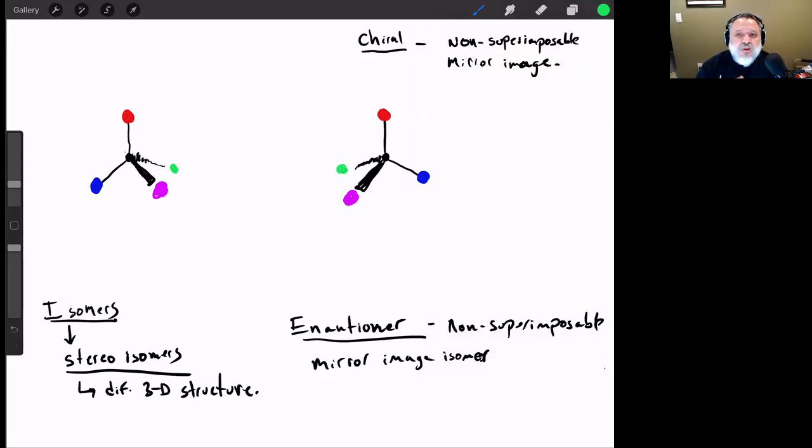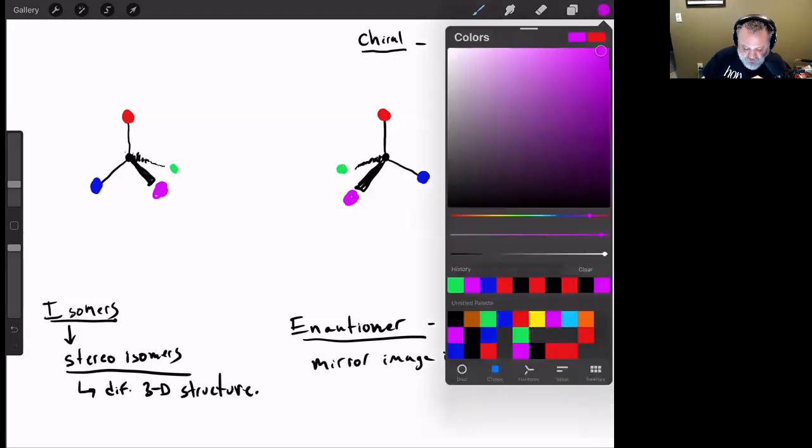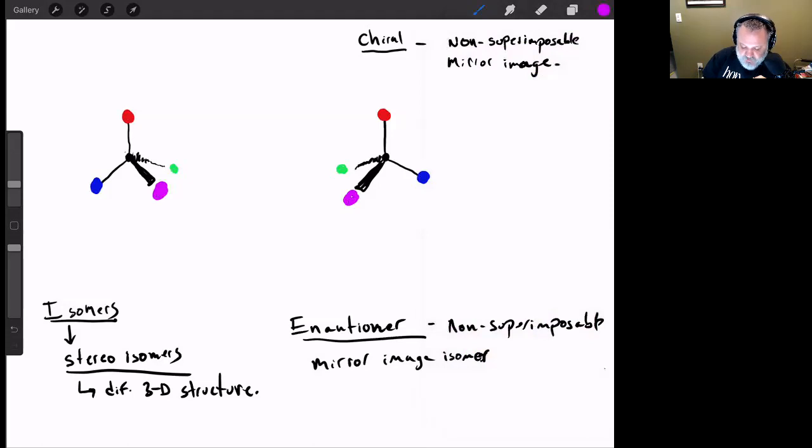Then what I've done right now with this particular molecule that has a tetrahedral center is I've drawn 2 mirror images of themselves, and they're non-superimposable.